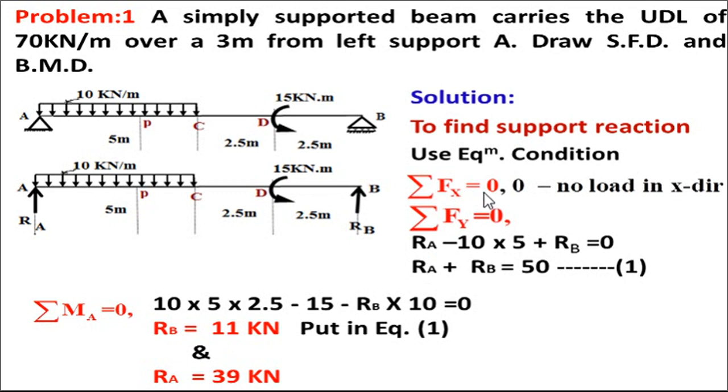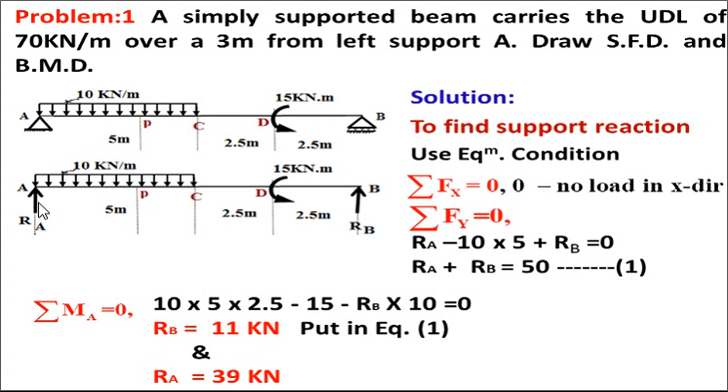So to find reactions, Fx is 0, no load in x direction, Fy equal to 0. So forces in y direction: plus RA minus 10 into 5 plus RB equal to 0. Means RA plus RB equal to 50. Okay, so I have just added 10 into 5, that is the UDL. Moment is not considered in y direction because it is considered in the moment equation.